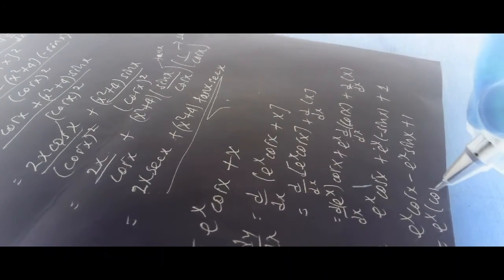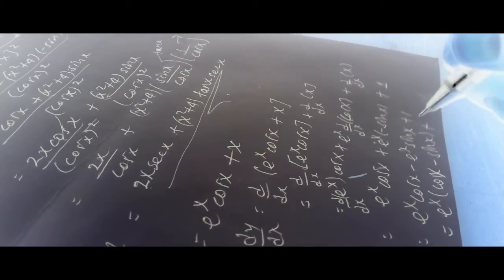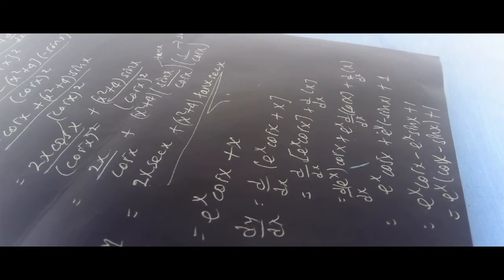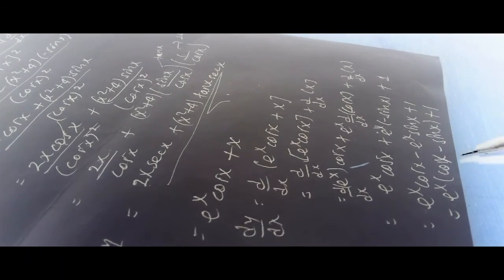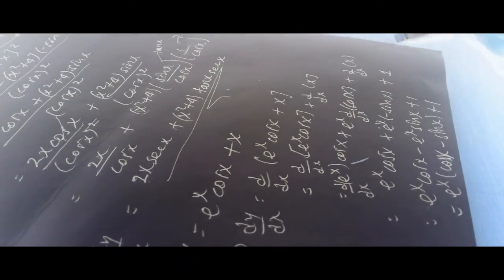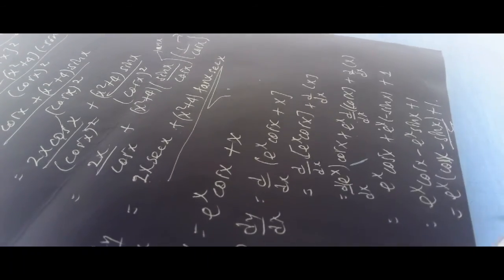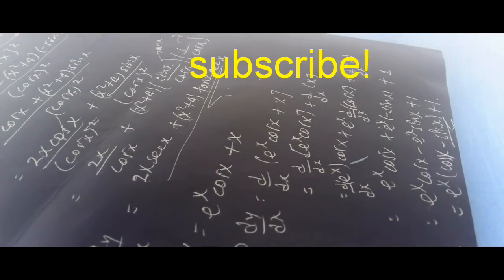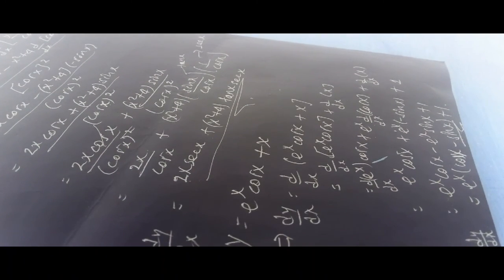This is the derivative of the function with respect to x: e raised to x times (cos x minus sin x) plus 1 is the derivative of the function e raised to x cos x plus x. Thank you.